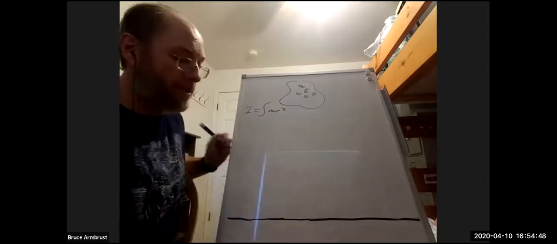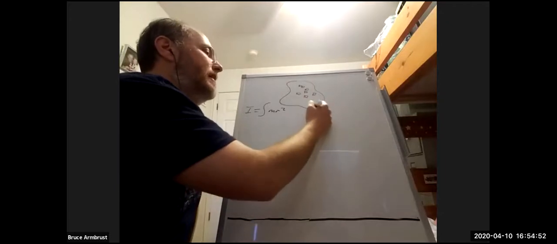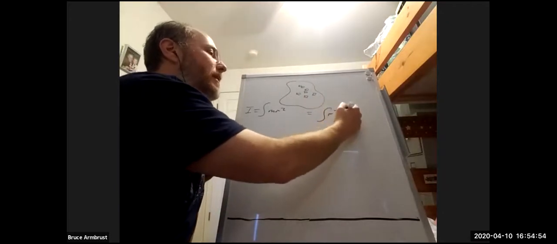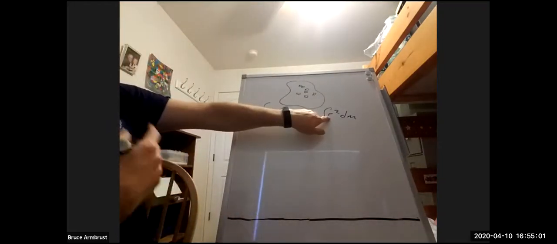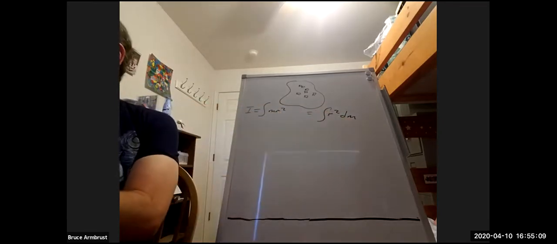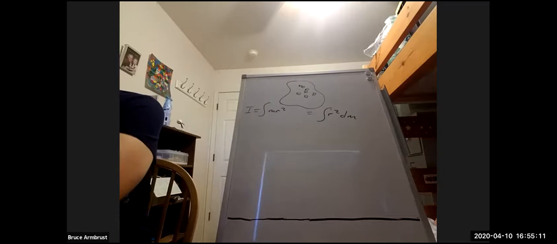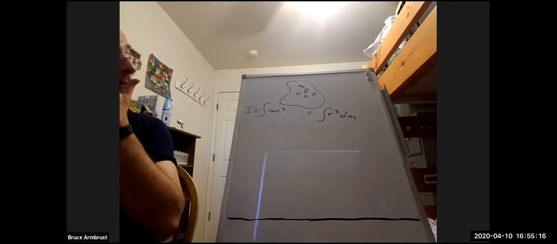And so what you did back in the day in calculus, and what I'll show you again with an example today, is that this is going to be an integral of r squared dm. So we look for all the pieces that are the same distance away from our axis of rotation. We figure out what the mass of that thing is, and we do this integral. So you may remember this. I hope you remember this somewhat from calculus.